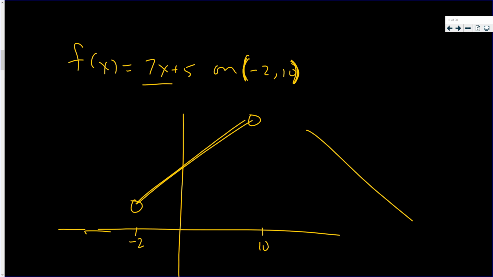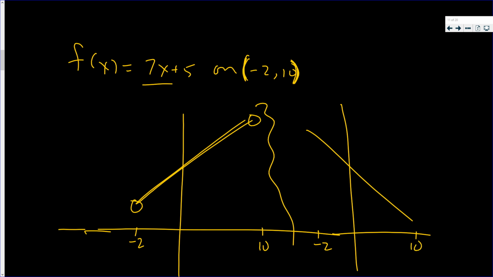Same thing if it happened to go this way. Here's -2 and here's 10. If it's not included. So lines better include the endpoints.